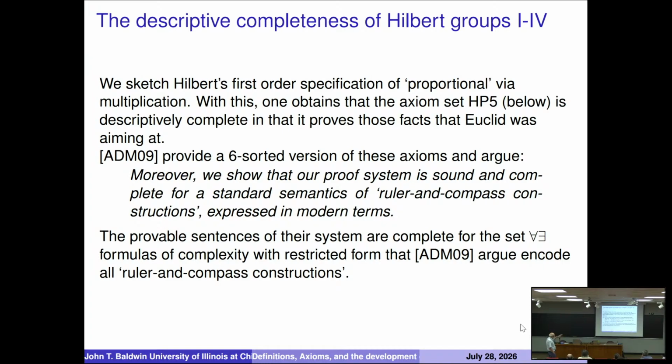And then their claim is, our proof system is sound and complete for the standard semantics of ruler and compass constructions. So they claim we're going to reach all of them, and they're descriptively complete exactly because ruler and compass constructions are what Euclid is talking about. And here we have a proof system that gets them.